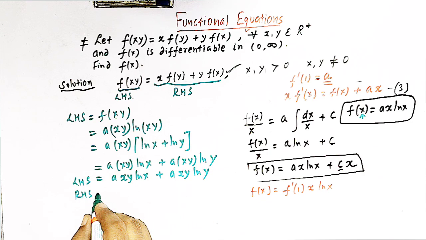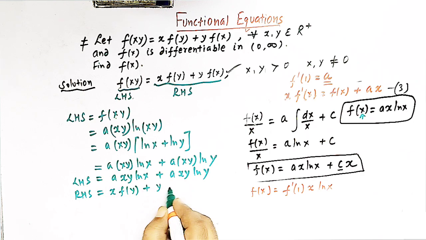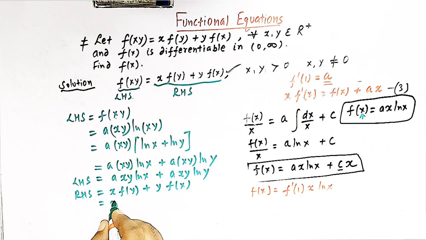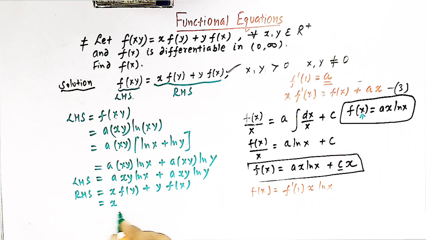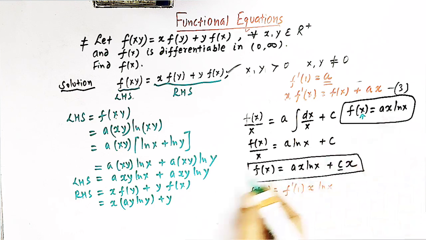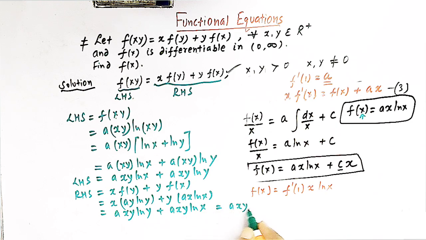Now let us calculate the right hand side. So right hand side is x f(y) plus y f(x). Now here x f(y) can be obtained by replacing x by y. So we have here axy log y, and then here we have y f(x), which is axy log x.